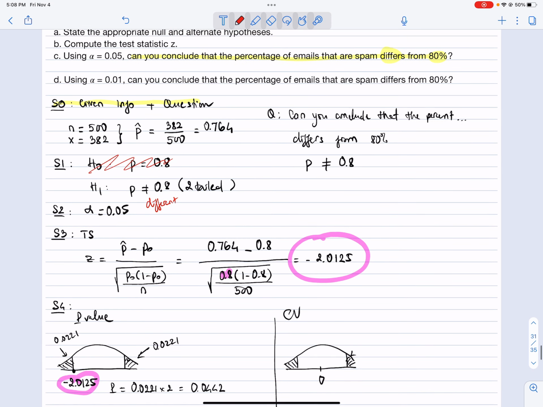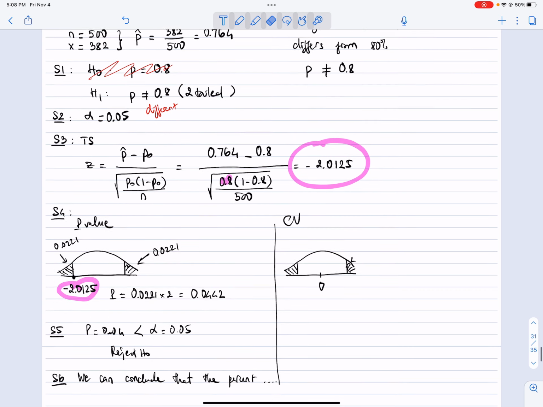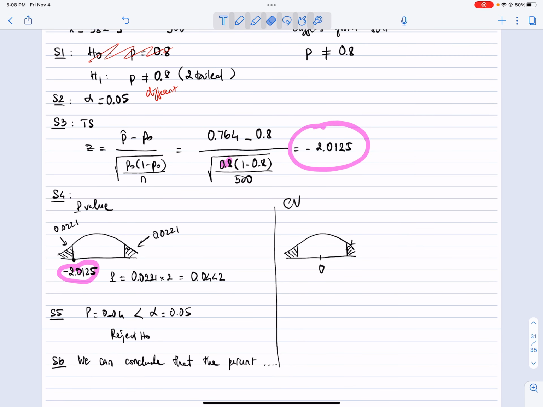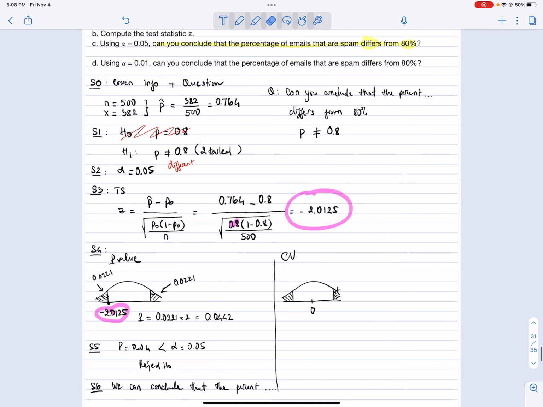Look at the question in yellow: can you conclude that the percent of emails that are spam differs from 0.8, 80%? We just proved that it's different from 0.8, and the question asks whether it is different from 0.8, so yes. We can conclude that, and we copy down the yellow sentence in the conclusion, step number 6.